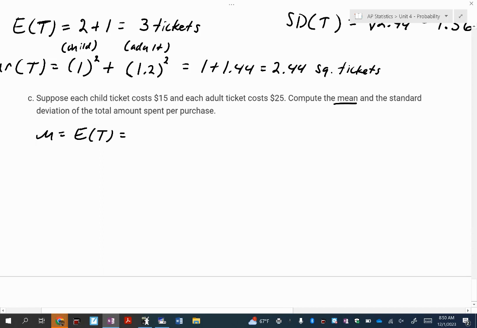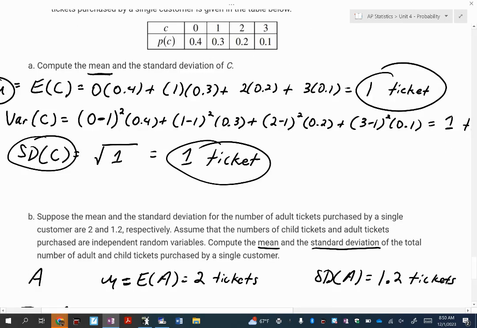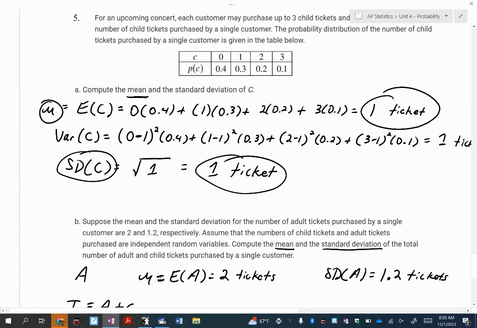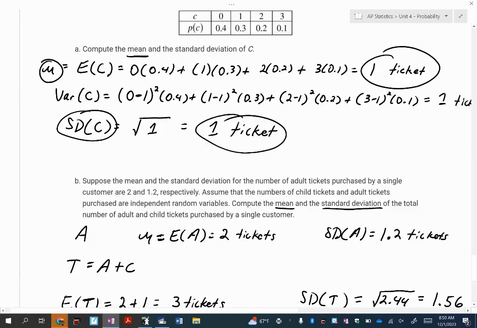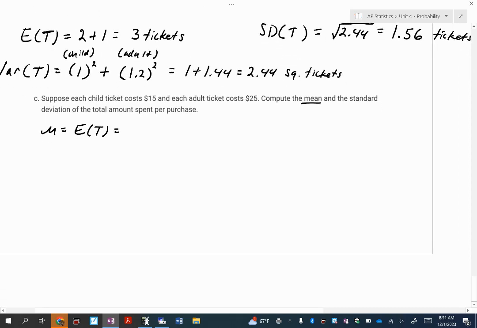What is the expected number of child tickets from part A that we're going to purchase? From part A, the child tickets was 1. Expected number of child tickets, 1 ticket, right? And how much are the child tickets? $15.